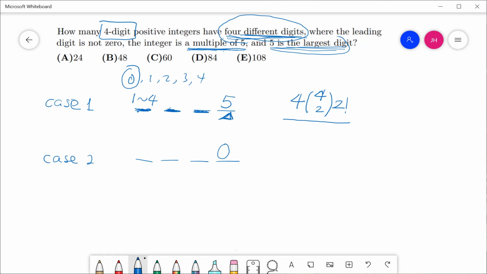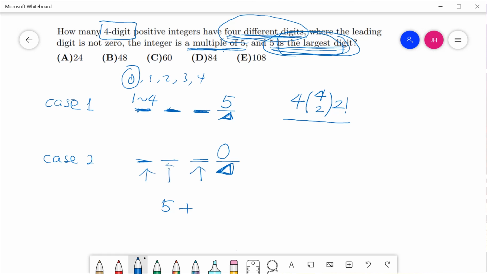So let's look at case 2. In case 2, we have ending 0. Good, then we don't have to worry about 0. But we still have the condition that 5 is the largest digit. So we need a 5 in one of these 3 places. We should choose a 5 plus 2 other digits to fill in these 3 places.